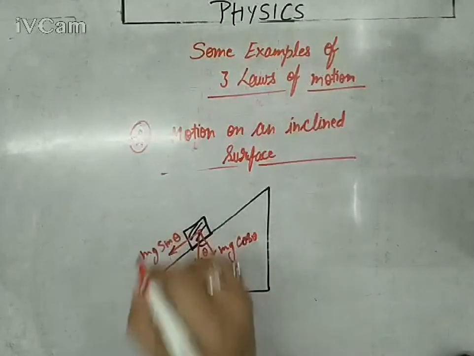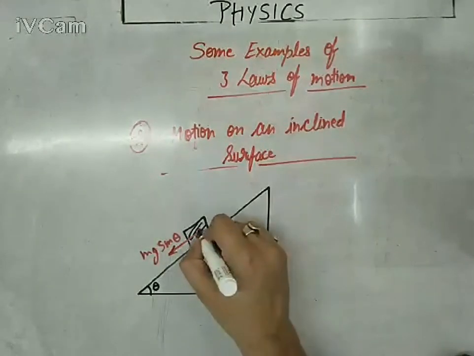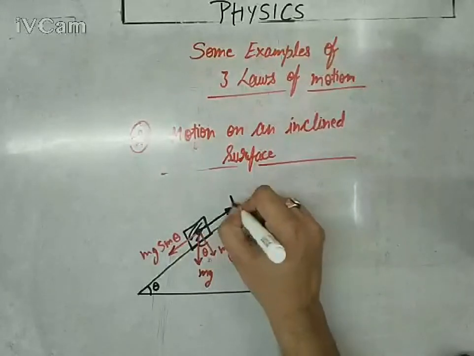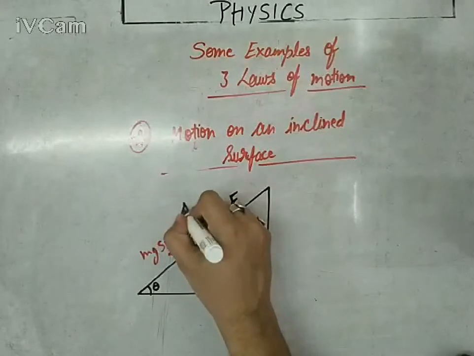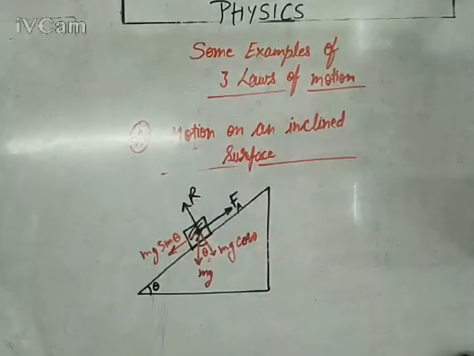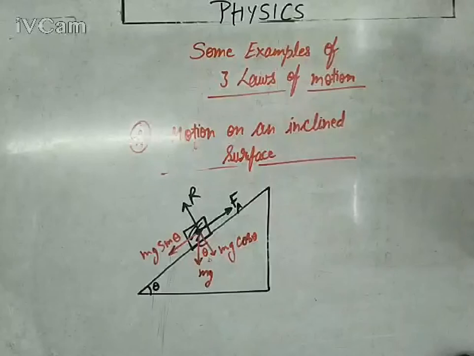Now if you want to make the body move in the upward direction, definitely you have to apply some force. So suppose we are applying some force in this direction, let's say Fa. Fa is the applied force, and the reaction of the body acts opposite to the compression factor, that is mg cos theta. Reaction will always act perpendicular to the surface. Keep this in your mind.